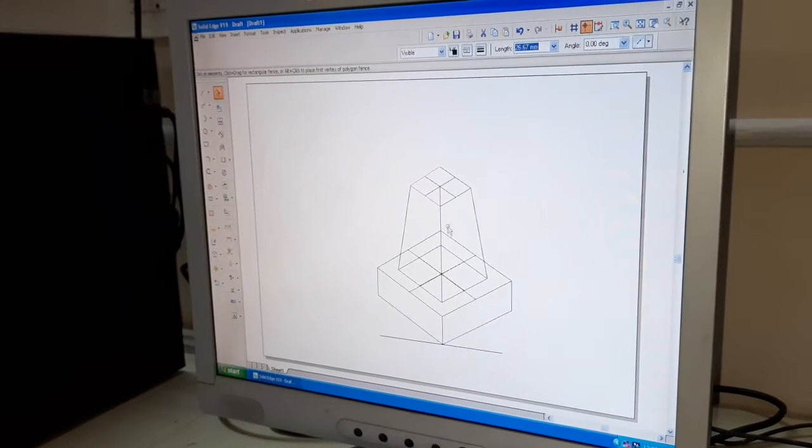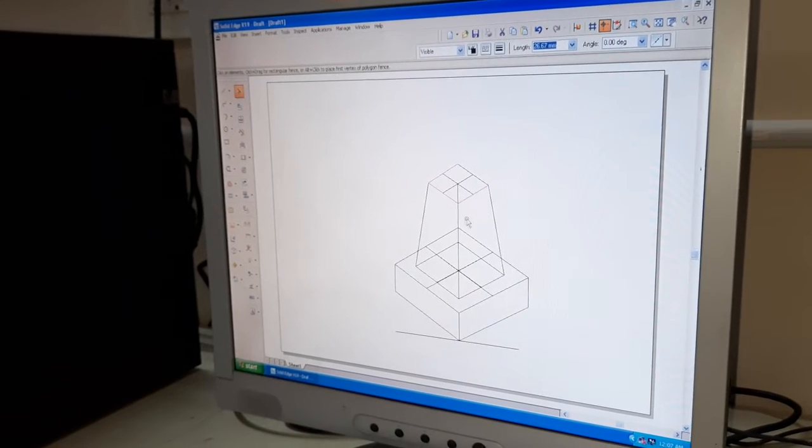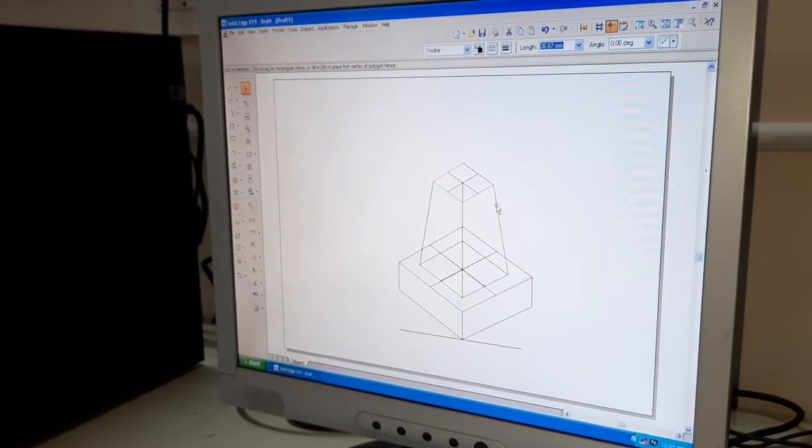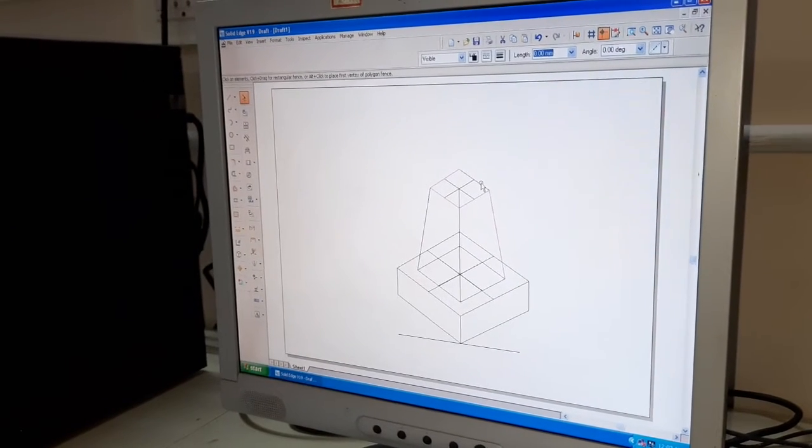Select the visible portion of the square pyramid to make it dark. Remaining can be written as thin lines. Only visible portion should be made as thick.